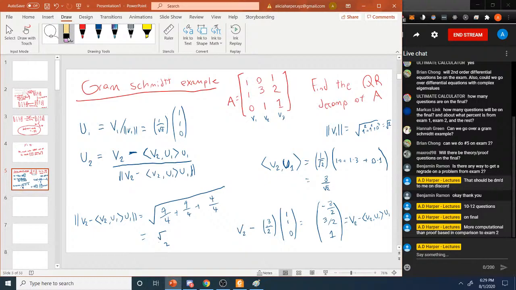Actually, can I do this slightly better? No, I can't. So square root of 22 over 2.